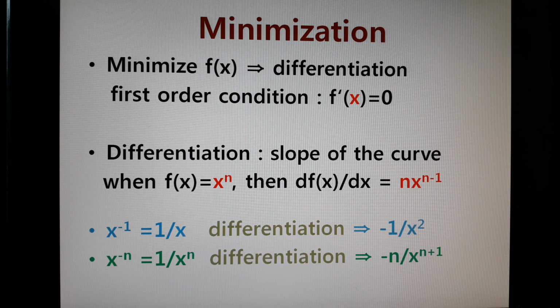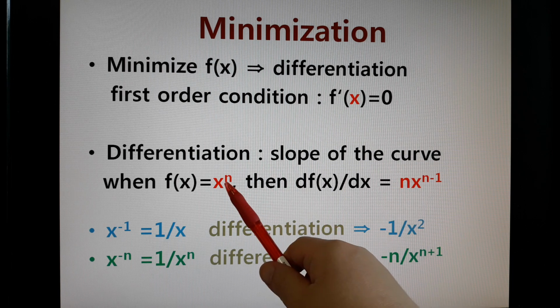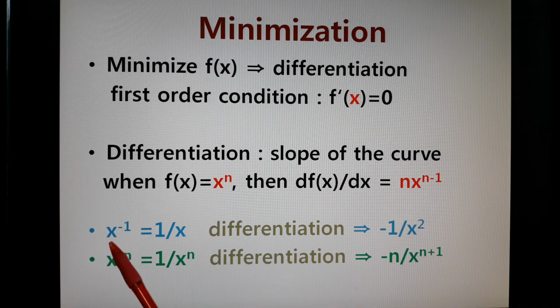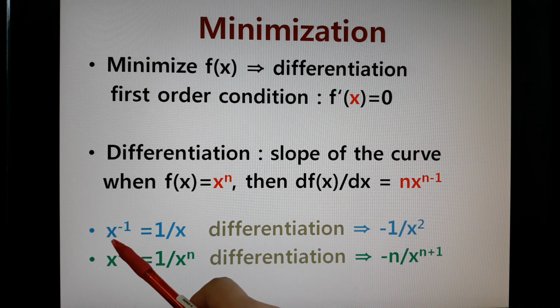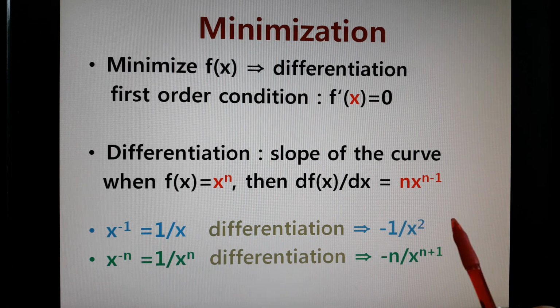Just a little twist I want to remind you of is that the exponent can be negative. Like x to the power of negative 1 means 1 over x. If x is to the power of negative 2, it's 1 over x squared. What if we differentiate x to the power of negative 1, or 1 over x? Same rule.